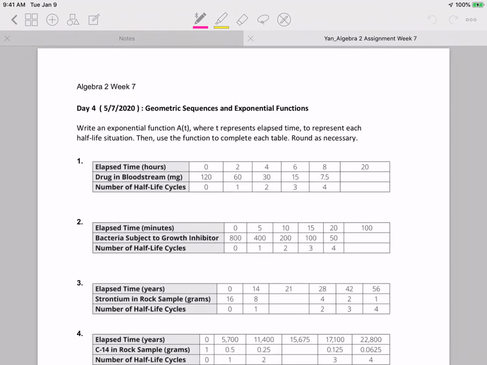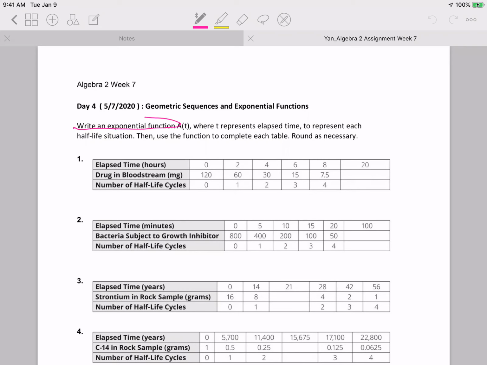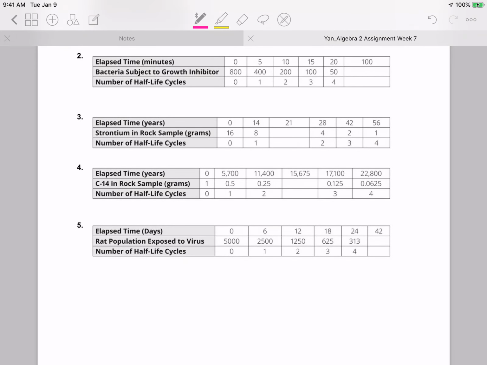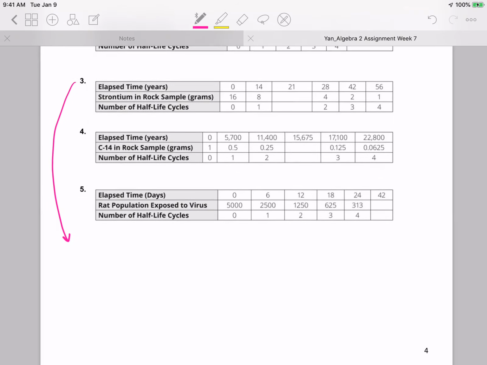Let me see, did they ask for the formula? Yeah, write the exponential function, and also use the function to complete each table. Let me do number 3. Yeah, I'll do number 3 right here. Let's write it down here.